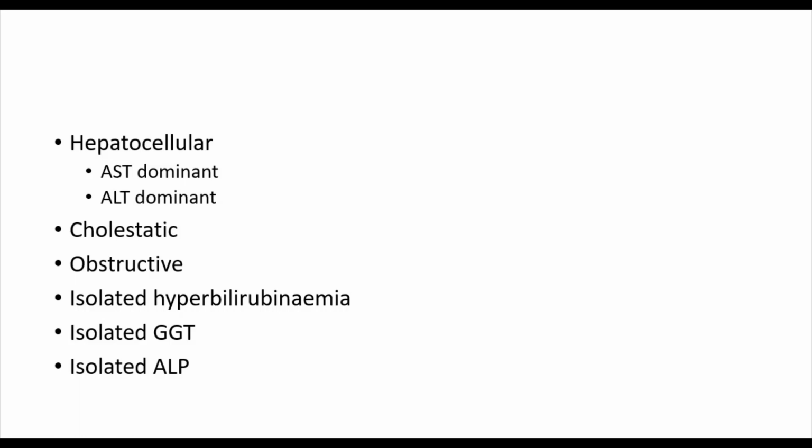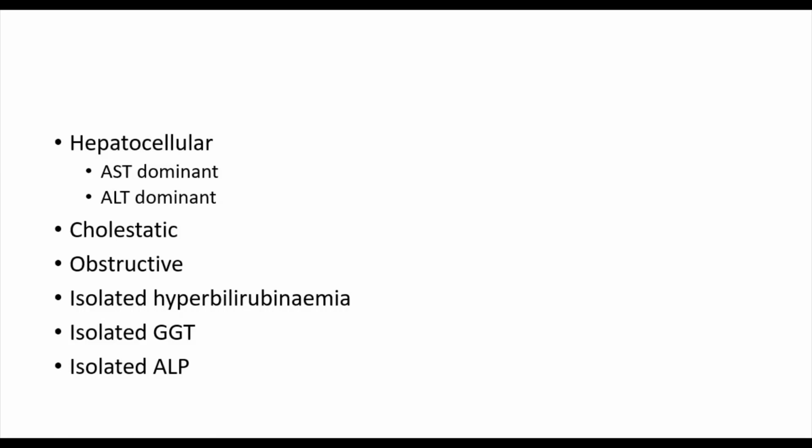And so, for example, if the AST and ALT elevation are about 6 times above the upper limit of normal, and the ALP and GGT elevations are only about 2 times above the upper limit of normal, we would say that this is a predominantly hepatocellular LFT derangement. And vice versa for a cholestatic derangement.